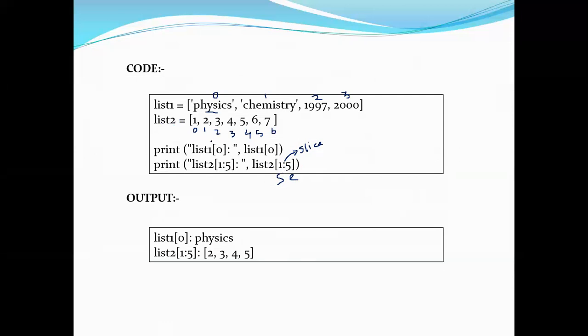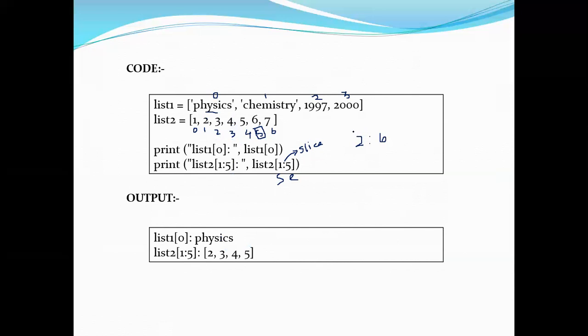So what will happen? My 2 will get printed, 3, 4, 5, but the final last end index will not be taken into consideration. Only from 1 to 5 it will be taken, and I'll get the result as 2, 3, 4, 5. If I say the index is going to be 2 colon 6, what will happen?